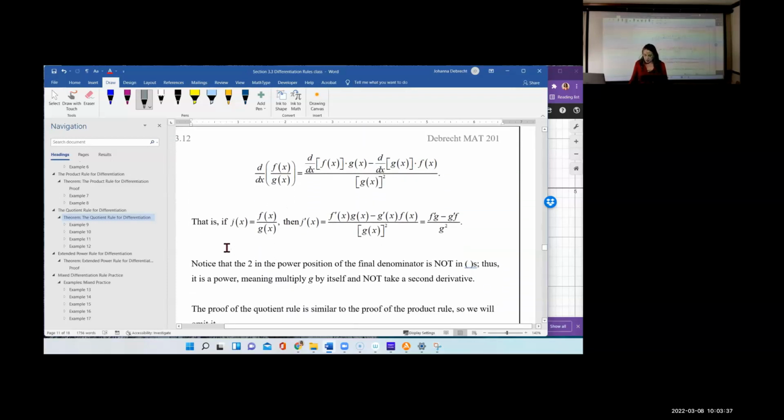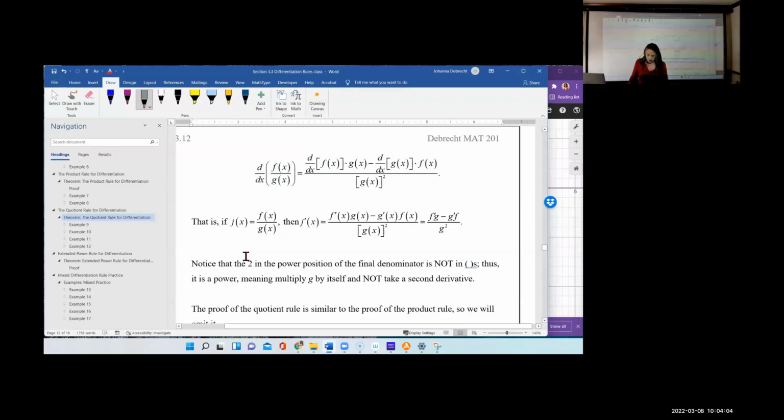Your textbook tends to follow the f prime rule. So it does f prime g minus g prime f over g squared. Notice that the numerator is almost the same as the product rule, but with a minus in the middle, and it's divided by g squared. All right, so this is the quotient rule. Almost the same as the product rule, but with a minus, and it's divided by g squared.